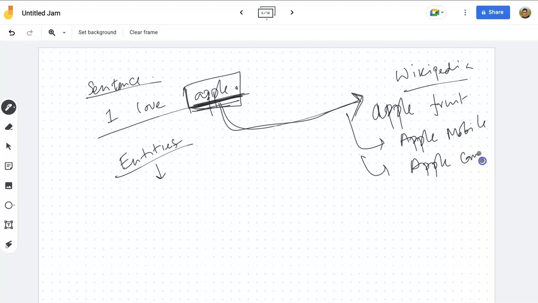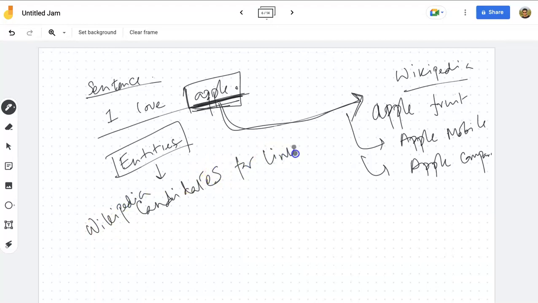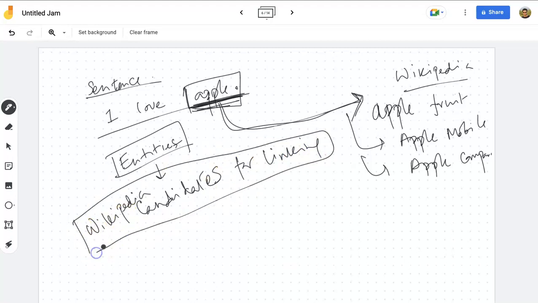So after identifying the entity, there can be multiple Wikipedia candidates for linking.